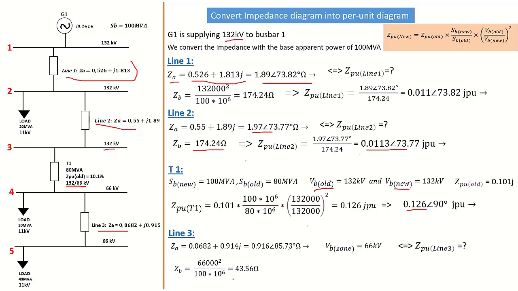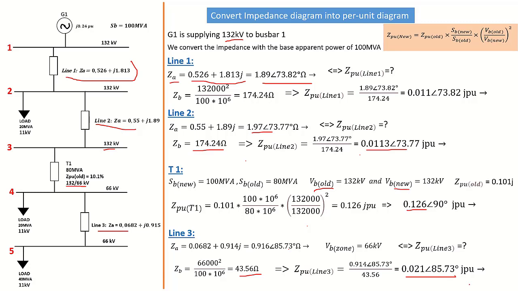So we found a ZB of 43.56 ohm. Now we can calculate our Z per unit, which is Z actual over ZB, and that gives us this value for the Z per unit of line 3.